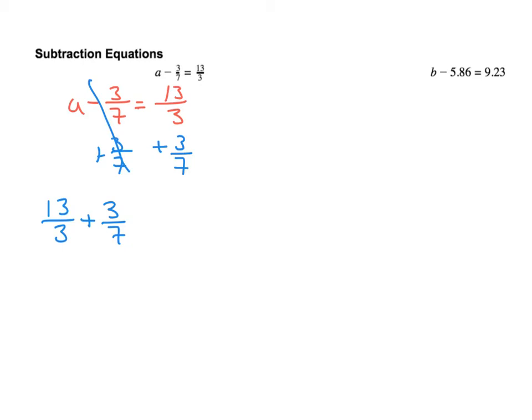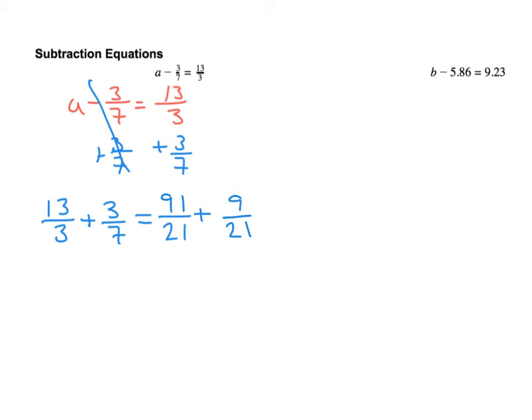So I'm going to use a common denominator of 21. So 3 times 7 gives you 21. 13 times 7 gives you 91. And that gets added to 3/7, which is going to change into, well, 7 times 3 is 21. 3 times 3 is 9.